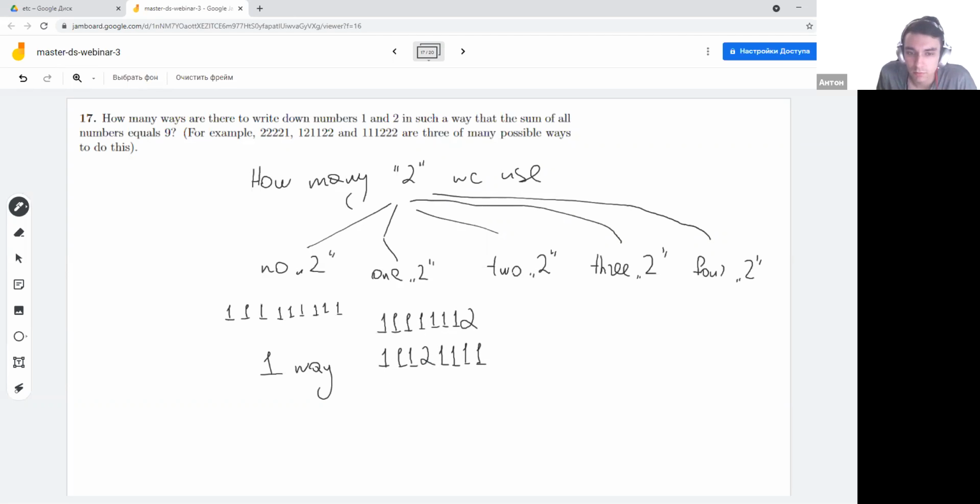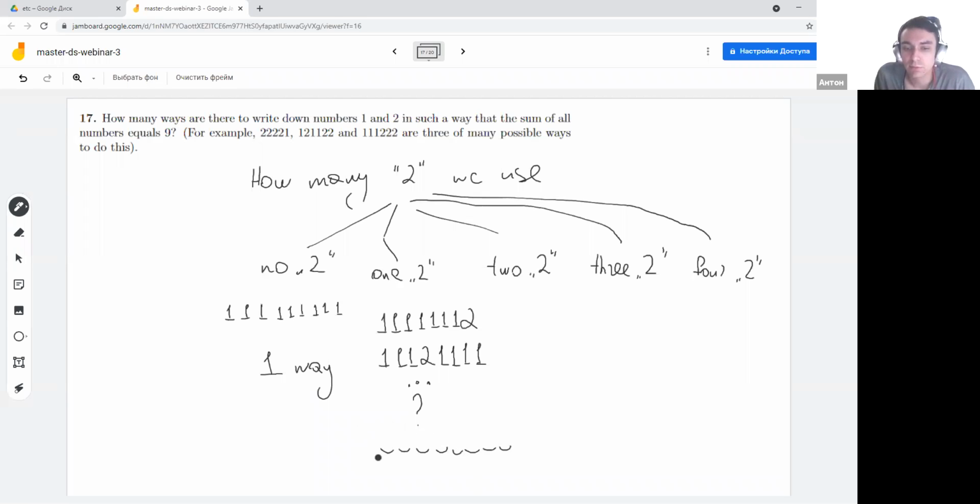So how many different ways to place this are there? Well, we have 8 positions actually, and we can place our 2 on any of them.